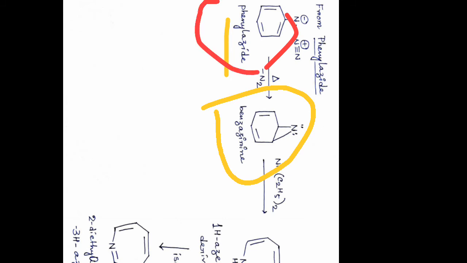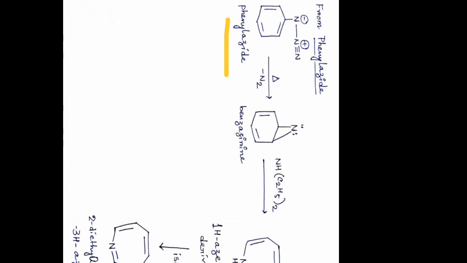Now on heating, with elimination of nitrogen gas, that is minus N2, this specific structure of phenylazide is converted into benzazirine. This is the structure of benzazirine. The first step is from phenylazide we get benzazirine.